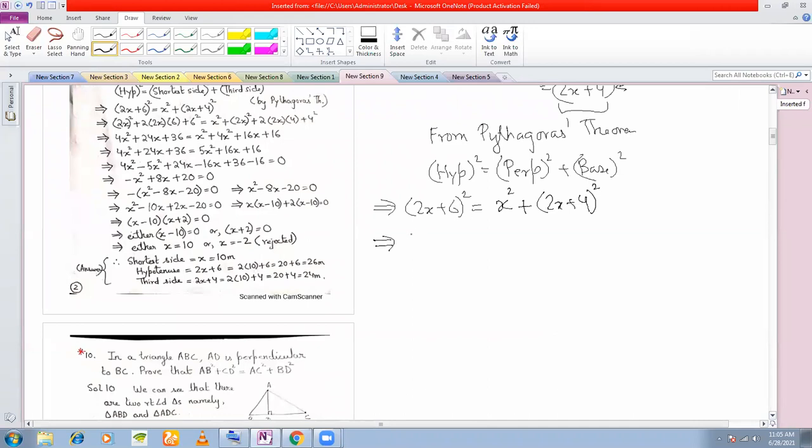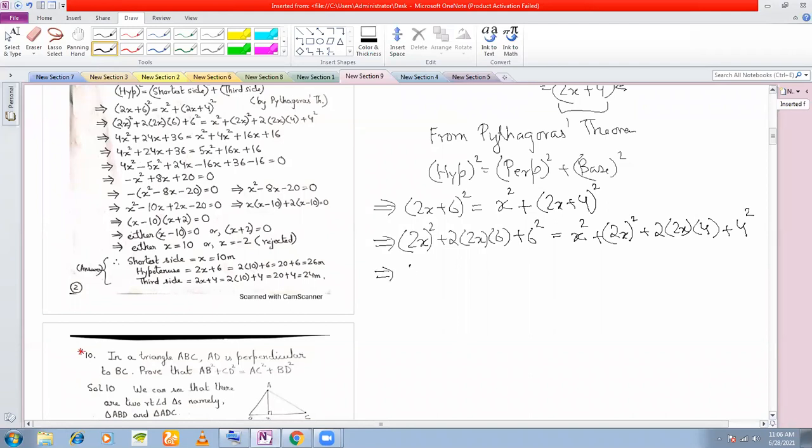How do we solve? Expand. a square plus 2ab plus b square. So we expanded left hand side as a plus b whole square. On the right hand side, 2x plus 4 whole square also you expand. So this is a square plus 2ab plus b square, right?